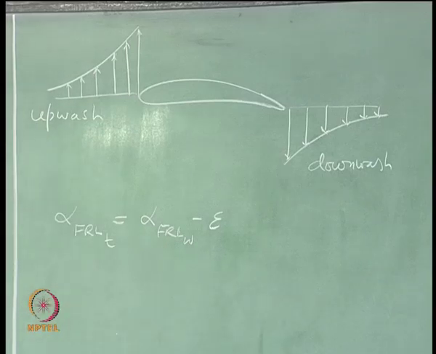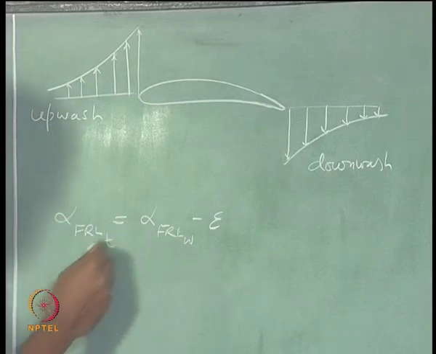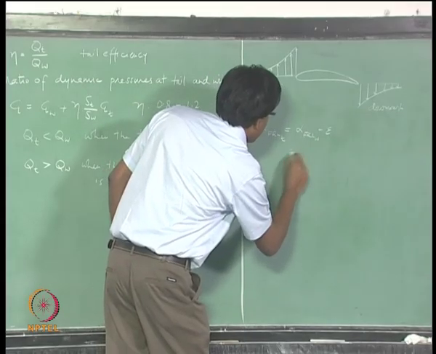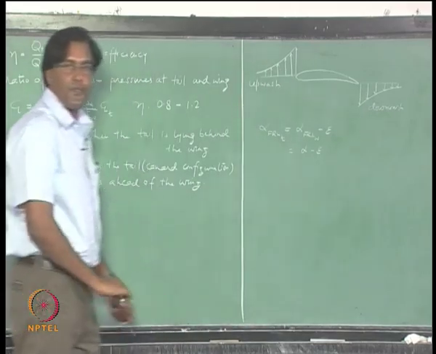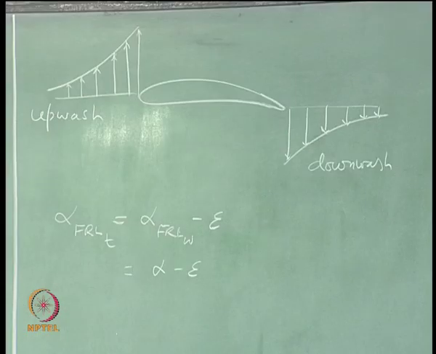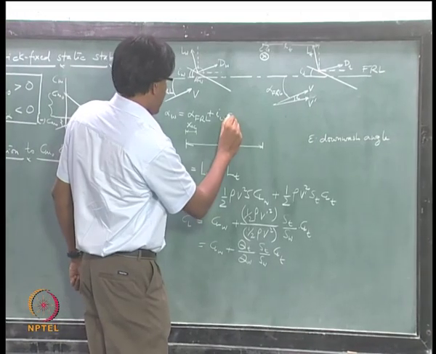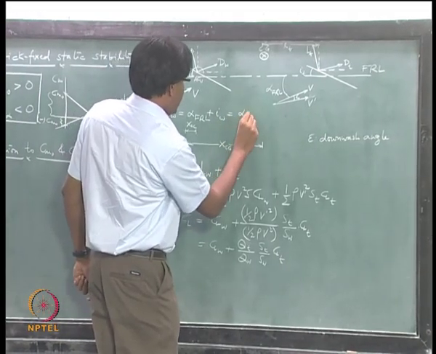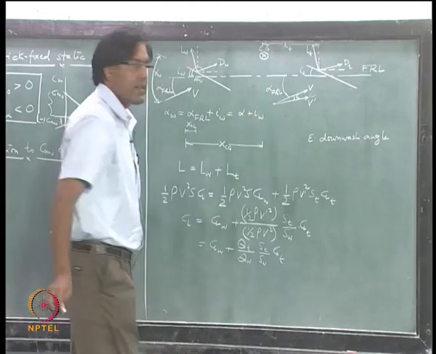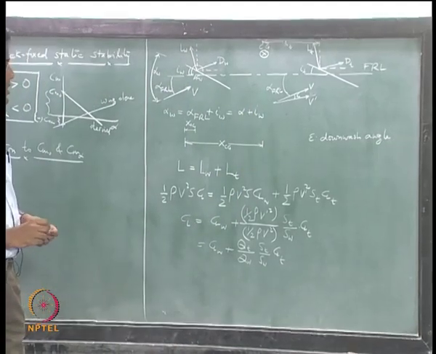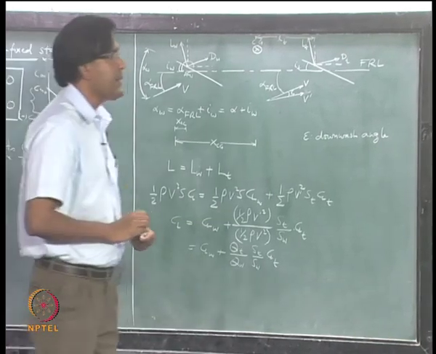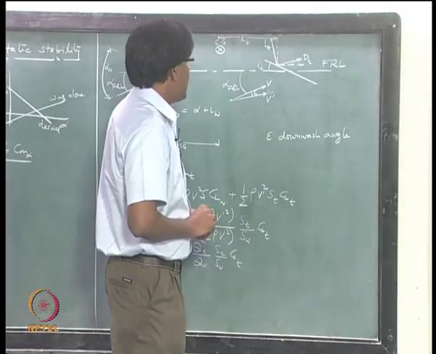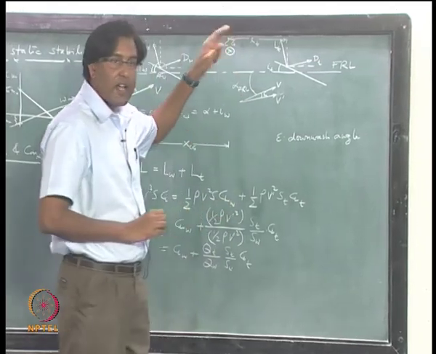So, we are going to drop this FRL and write this as alpha. Okay. So, here also this is nothing but alpha plus IW. Okay. So, what is the effective angle of attack at the tail?